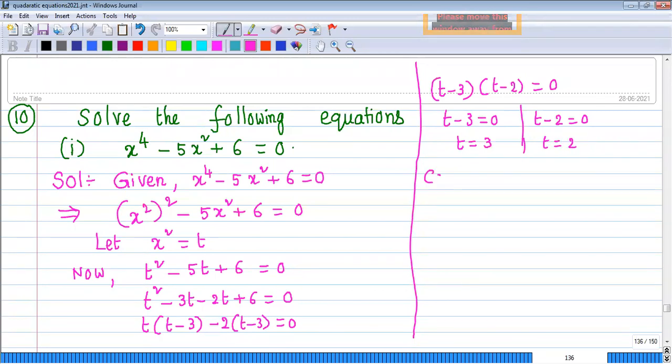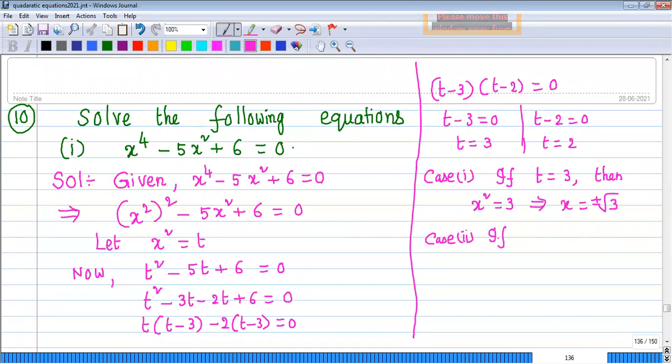Case 1. If t is equal to 3, then our aim is to find the x value, but t is the arbitrary variable itself, so instead of t we can write x square is equal to 3. That implies x is equal to plus or minus root 3. So next go to case 2.